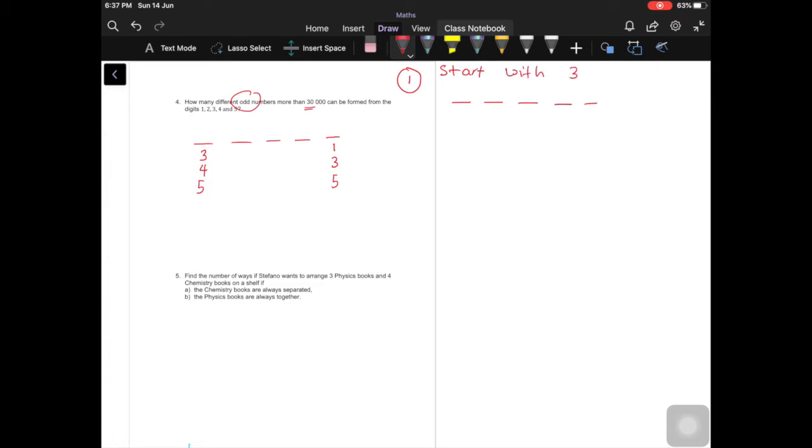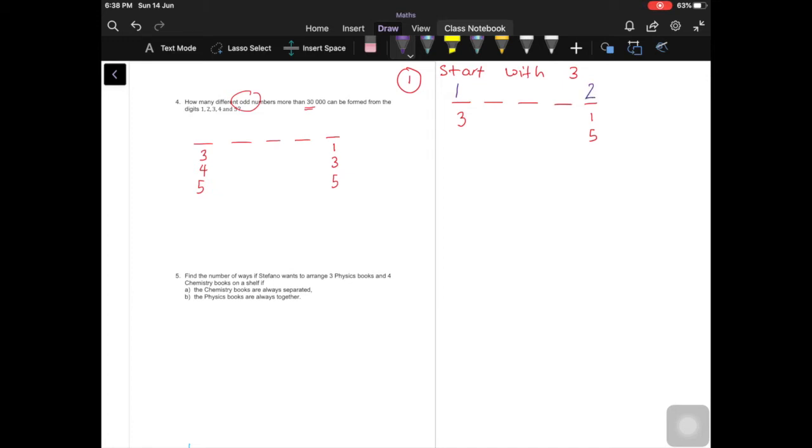So we state the first digit must be 3. Since 3 is an odd number, the last digit is only left with 1 or 5. What options do we have for the first digit? We only have 3, so only one choice. The last digit is either 1 or 5, so we have two options there.